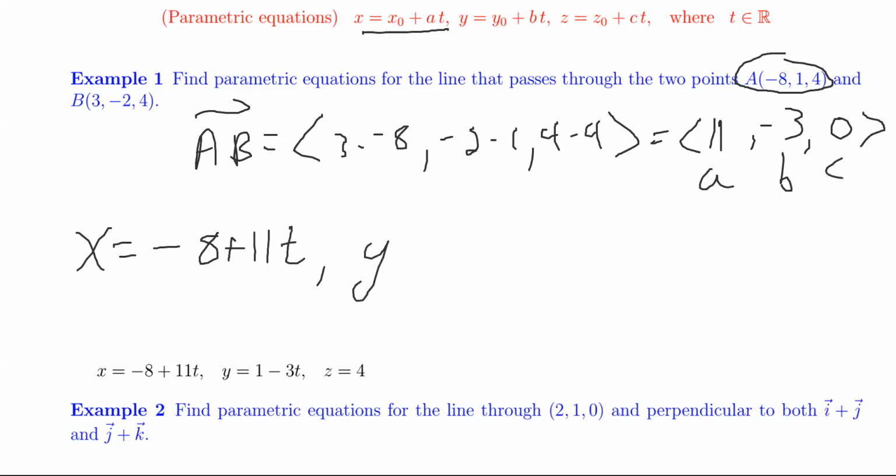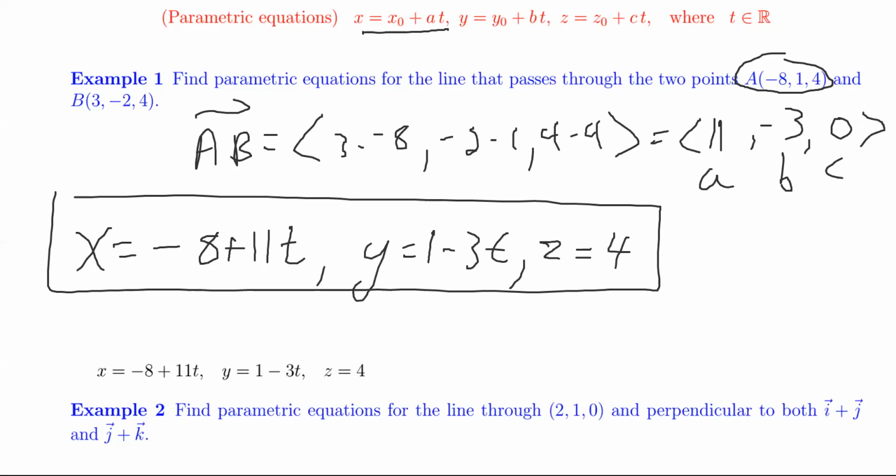Then y is equal to y0, which is 1, plus bt, which is -3t. And then z is equal to 4 plus 0t, or just 4. And so these are our parametric equations that define the line through the points A and B.